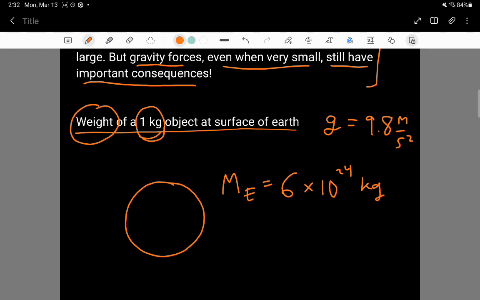And we are putting a 1 kilogram object at the surface of the Earth. So that means that that little 1 kilogram object is somewhere up here. So the distance that this object is from the center of the Earth is the distance between the two objects. You might wonder, if these two objects are touching, why isn't the distance 0?